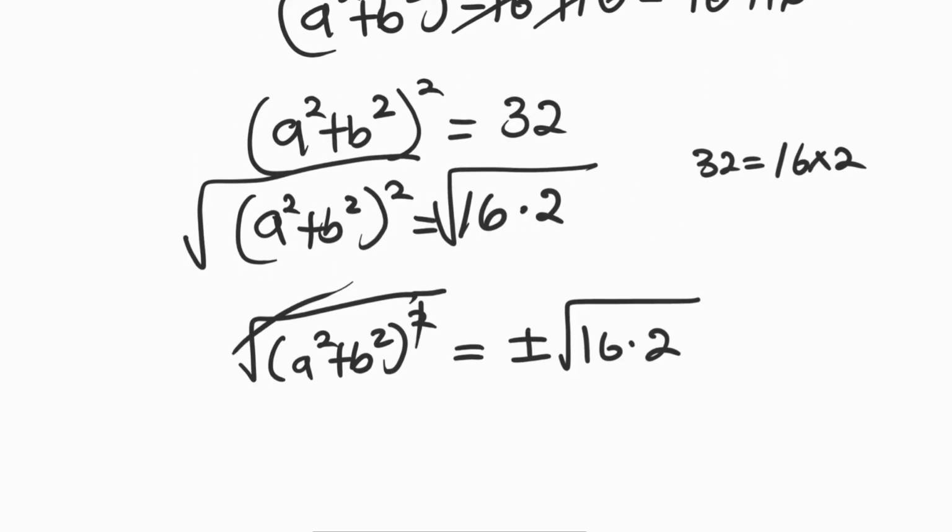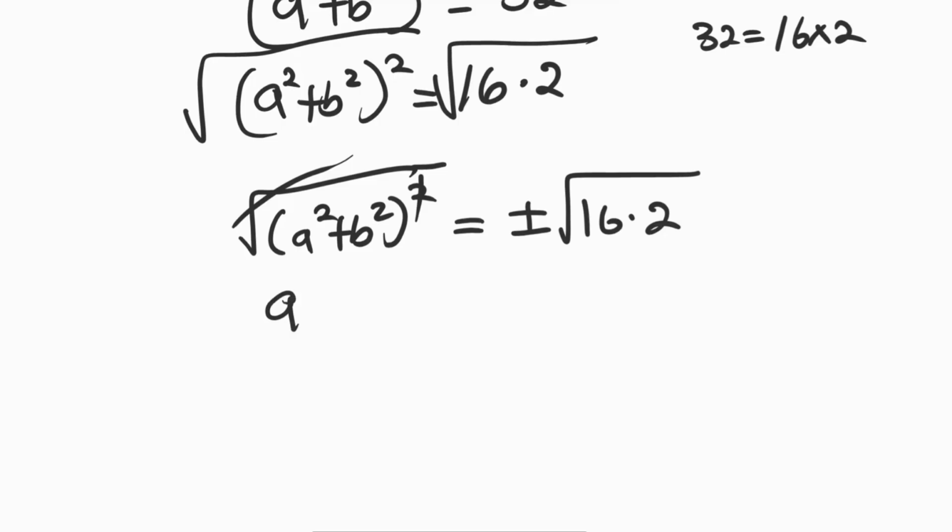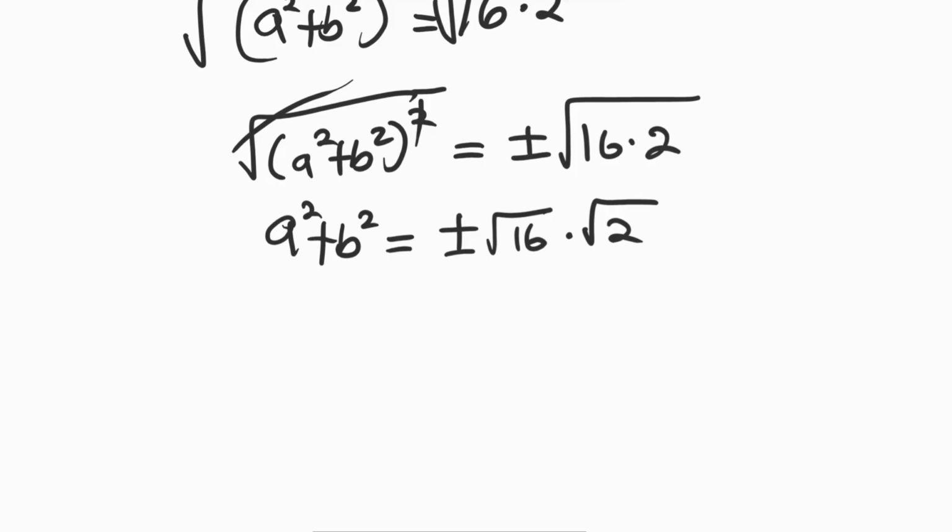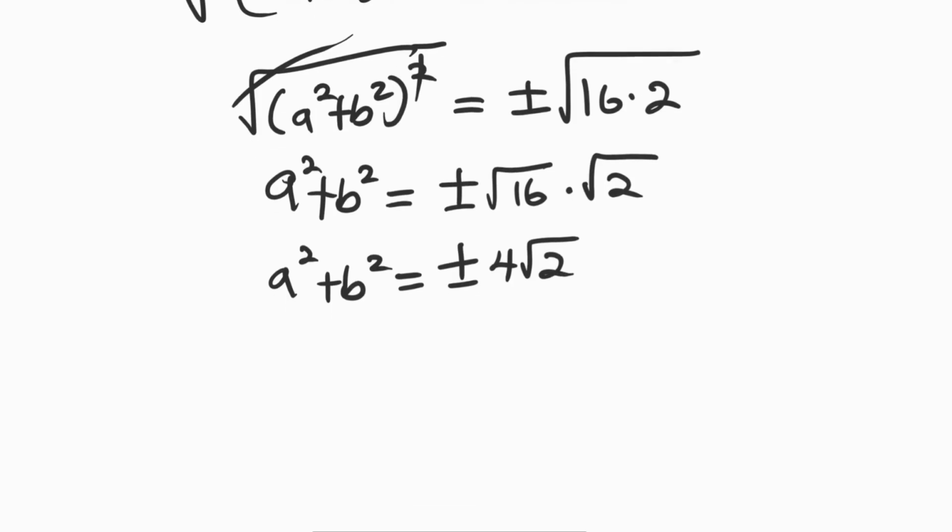This square cancels out the square root, and we have a squared plus b squared equals plus or minus root 16 times root 2. So now this becomes a squared plus b squared equals plus or minus 4 root 2.